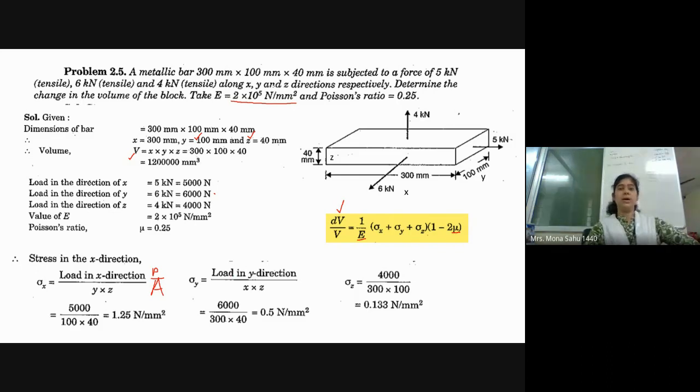Similarly, for load in Y direction, so X into Z. So apart from Y, take the other two. Okay, so don't get confused. 300 into 40. Similarly, sigma Z. Substitute all these values, you will get the answer.